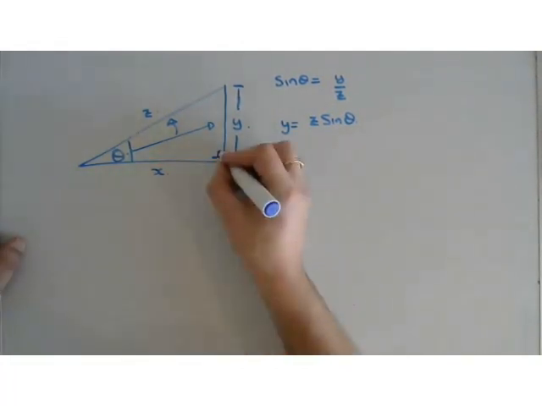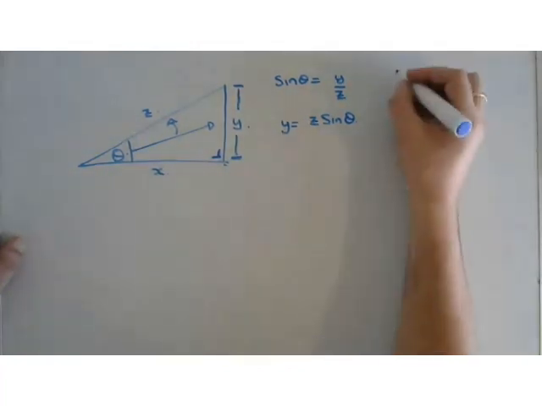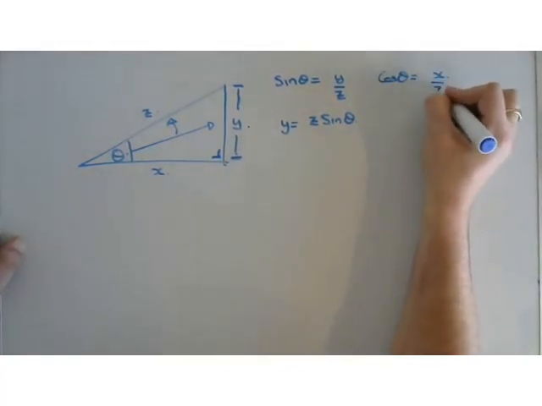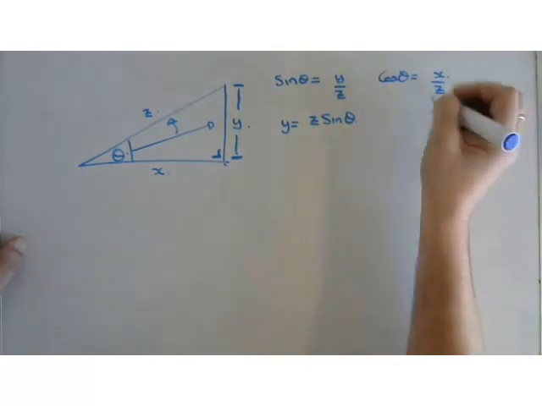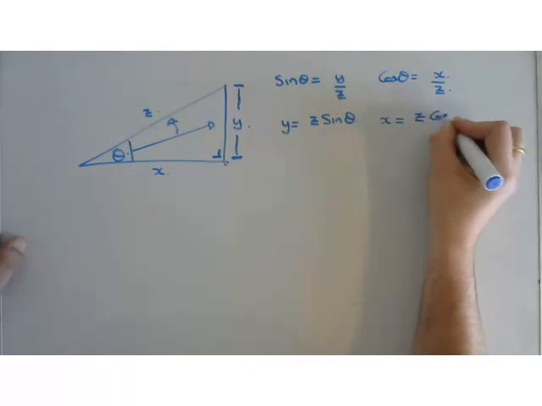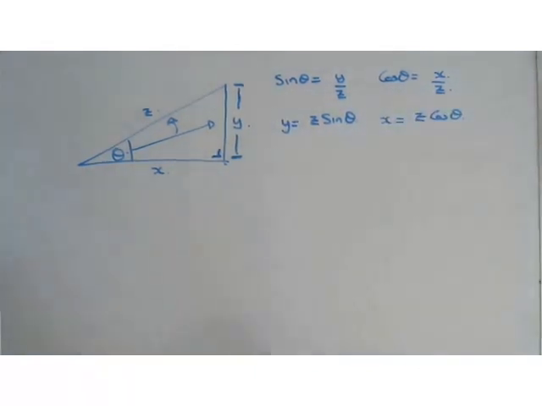And we have that the cos of theta is X over Z, so X is Z cos theta.